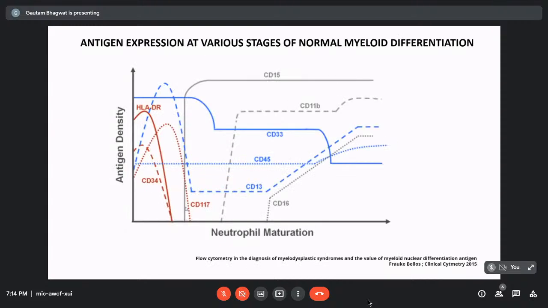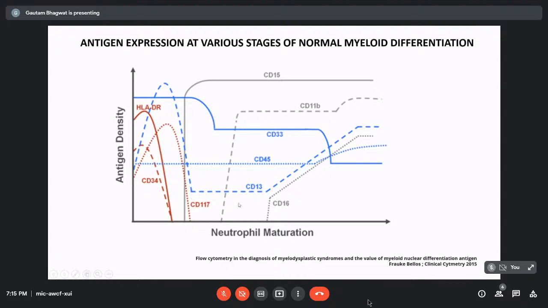Along with the knowledge of markers, it is also important to know which marker is present at what stage of maturation. So for example, this is the neutrophil maturation. Now, as you can see, if we presume this is the blast stage and this is the mature segmented neutrophil stage, then you would see these markers HLA-DR and CD34. These two are present only in the blast. The CD117 would be present in blast as well as promyelocyte.